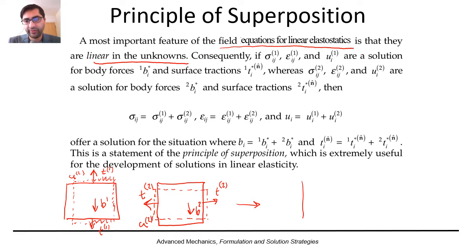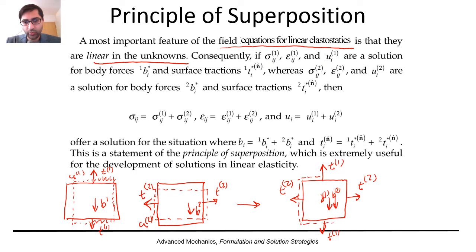Okay, if the same cube undergoes both these tractions, T1 and T2, and both body loads, B1 and B2, the resultant displacement would be the summation of U1 and U2.